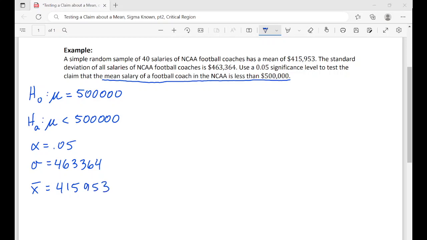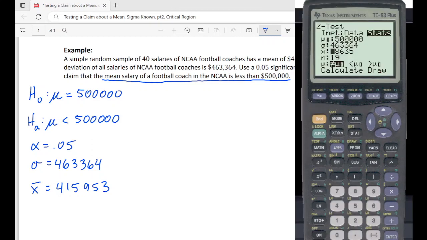So always good to go back and double check it if you're not sure, which I wasn't. And how many coaches did we sample? We sampled 40. So 40.